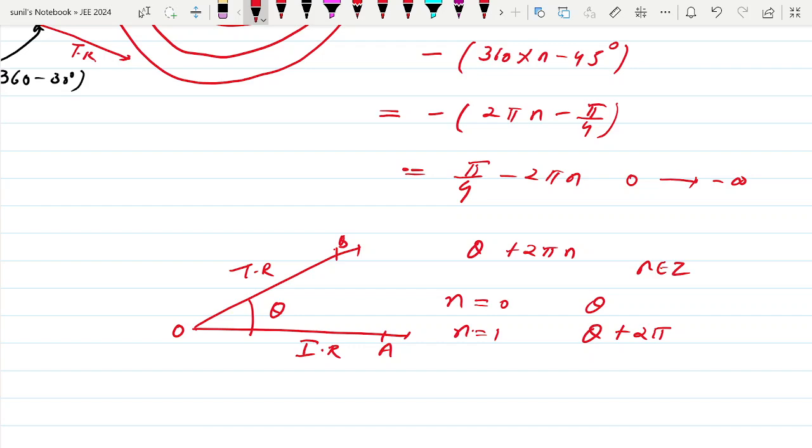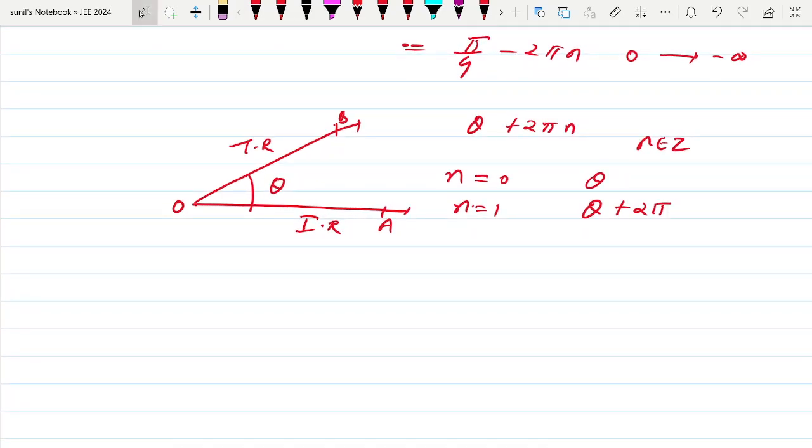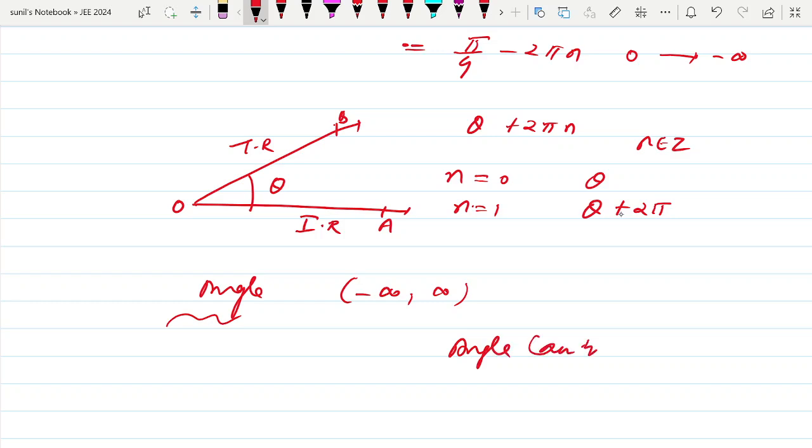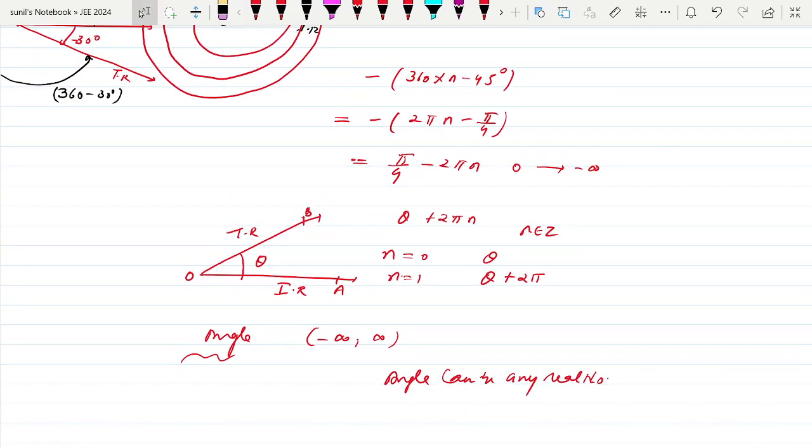So therefore in trigonometry you have seen that the angle varies from where to where? Minus infinity to infinity. So in trigonometry, the angle can be any real number. So now students, you can understand why we study radian measurement, because the radian measurement gives you a clear idea that corresponding to every degree measure we have a radian, and that the radian measurement has a real number representation.